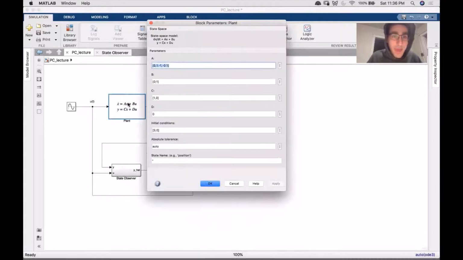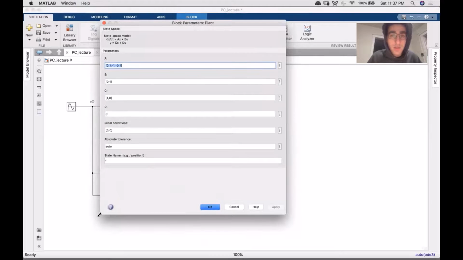This system is a mass spring damper system, which has a state consisting of two elements, the position and velocity of the mass. We won't go through the derivation of the state space model in this lecture, but here I've just specified the appropriate A, B, C, and D matrices along with initial conditions.